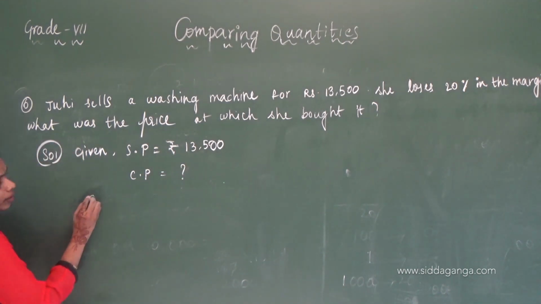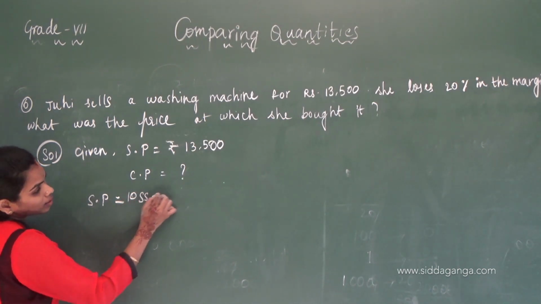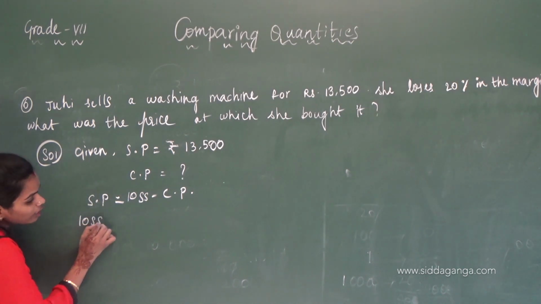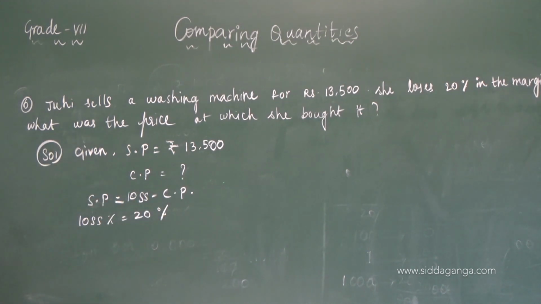We know that SP equals CP minus loss, and they are also giving the loss percentage, 20%.